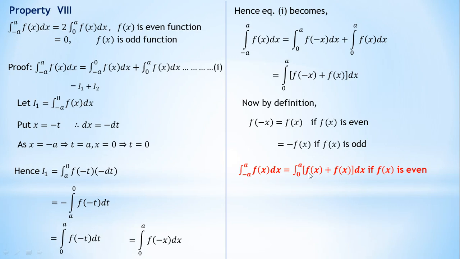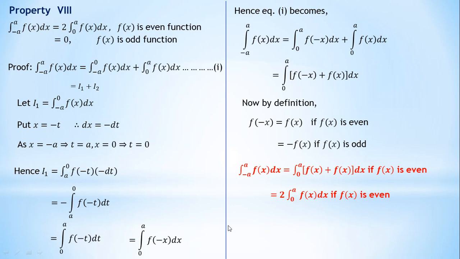So this is f of x plus this one is also f of x. So it becomes f of x plus f of x if f of x is even function. That means it is 2 times f of x. You can write 2 outside of the integration, and the integration becomes 2 times 0 to a f of x dx if f of x is even.